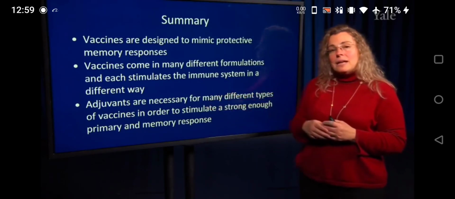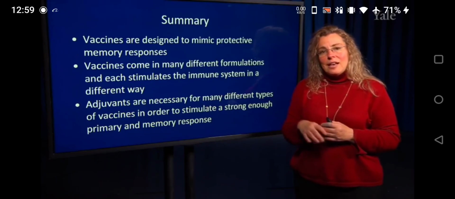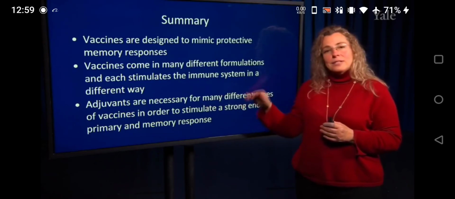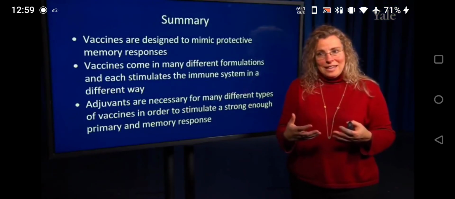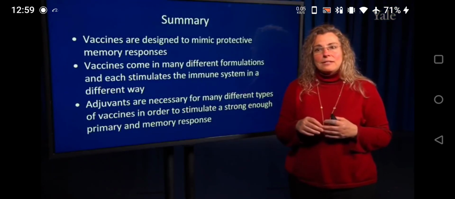We spent some time talking about adjuvants. They're necessary for many different types of vaccines. Anything that's not an actual infection will need an adjuvant. An infection, because it's growing and dividing in your body and is a whole organism, is its own adjuvant. It has those receptors that stimulate PAMP.